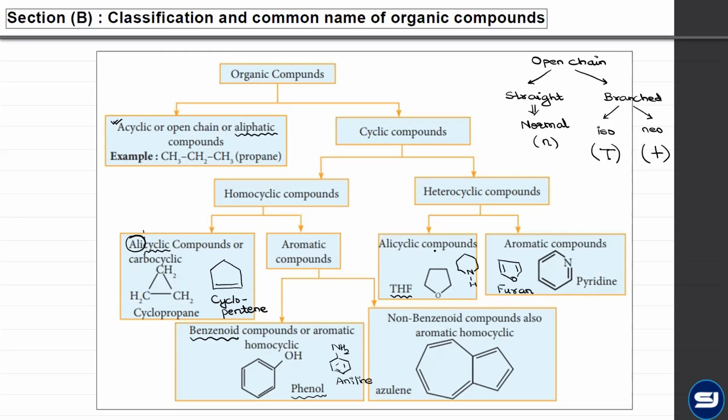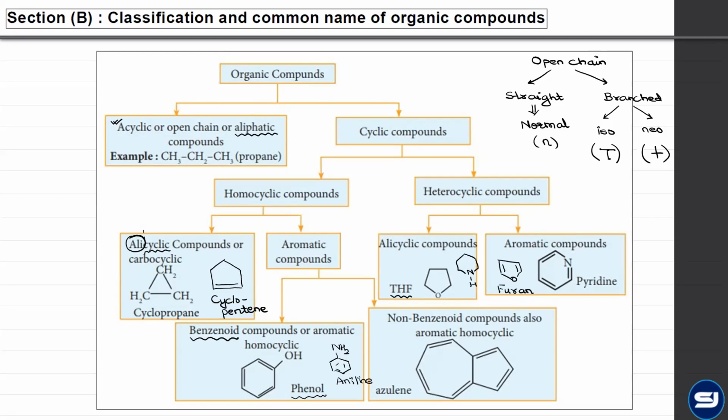Clear? In alicyclic, tetrahydrofuran and piperidine, and in aromatic, in comparison, furan and pyridine are the examples. So that's a simple classification of organic compounds in general. Clear?